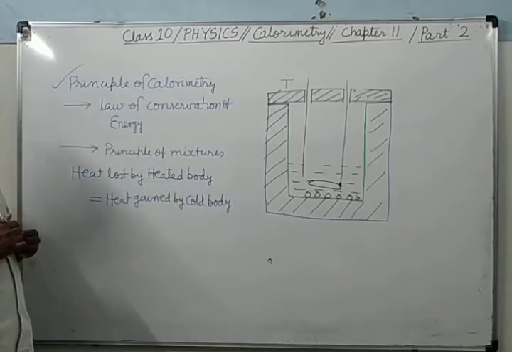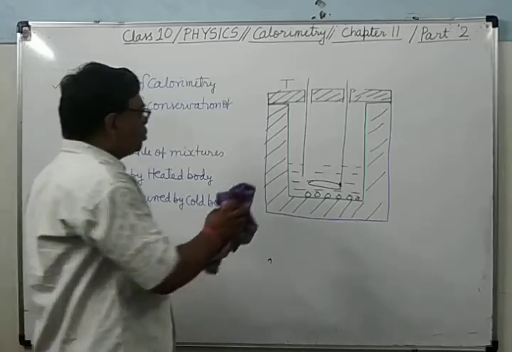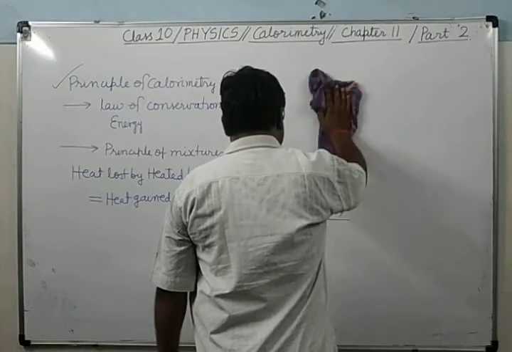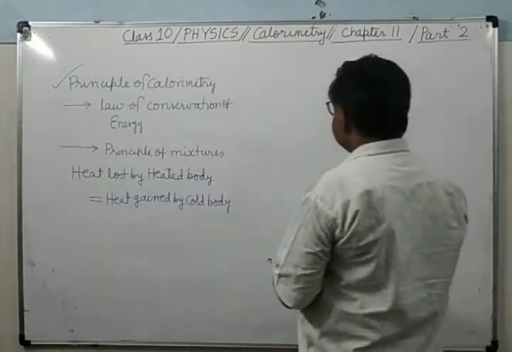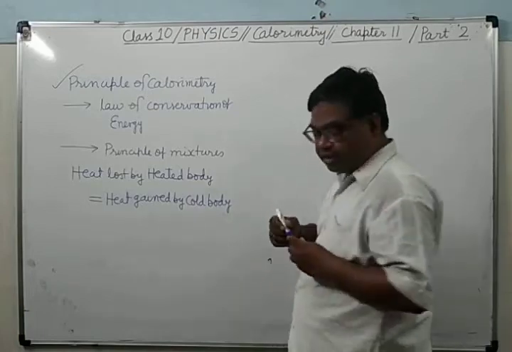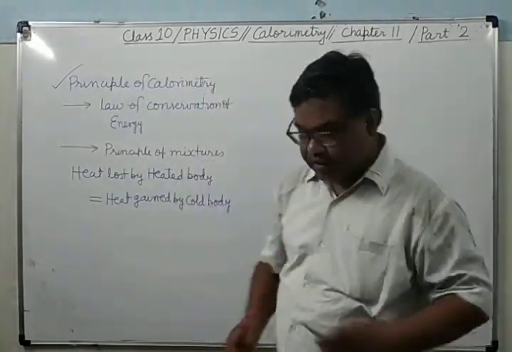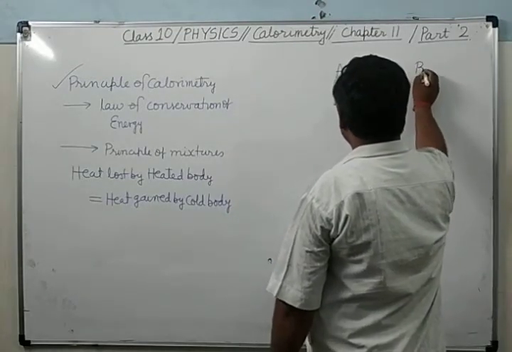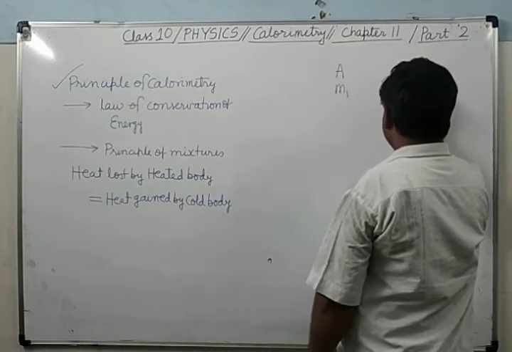This principle is important. How will you find the heat loss or heat gain? So this I am explaining from one example. Suppose there are two bodies, body A and body B. Here we have assumed its mass m1, its mass as m2.